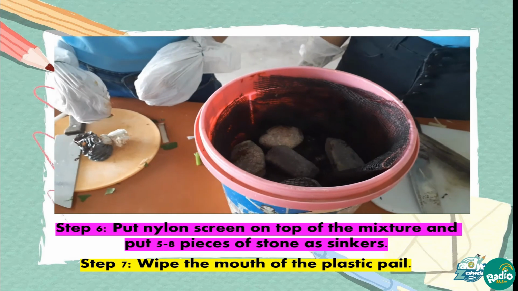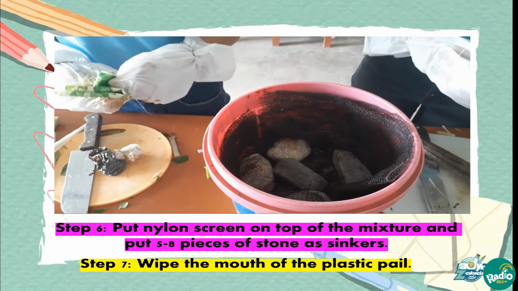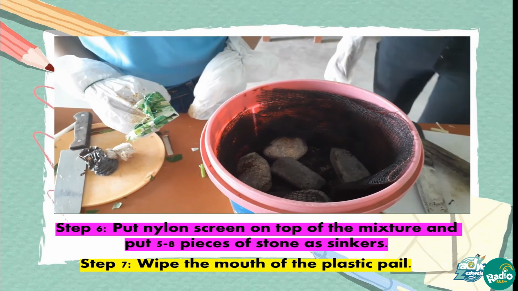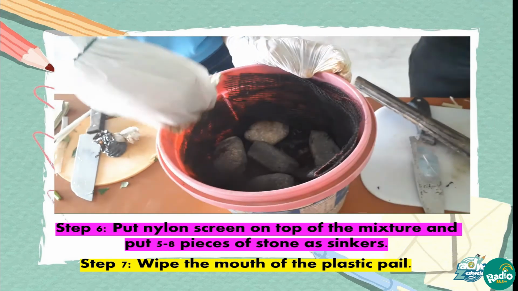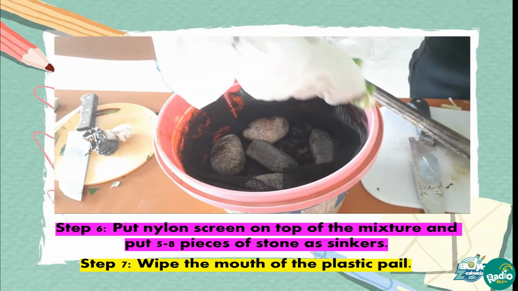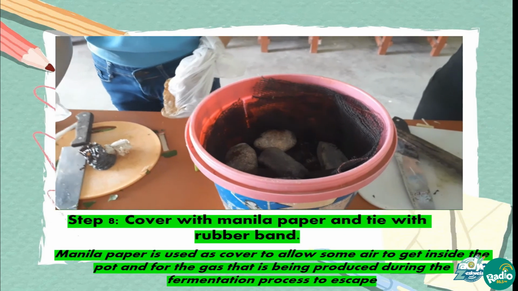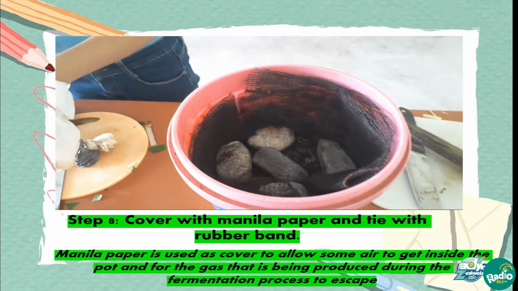For step number 7, wipe the mouth of the plastic pail to remove dirt or excess molasses that sticks at the side of the pail to avoid contamination. The 8th step is to cover with Manila paper and tie with rubber band or string.